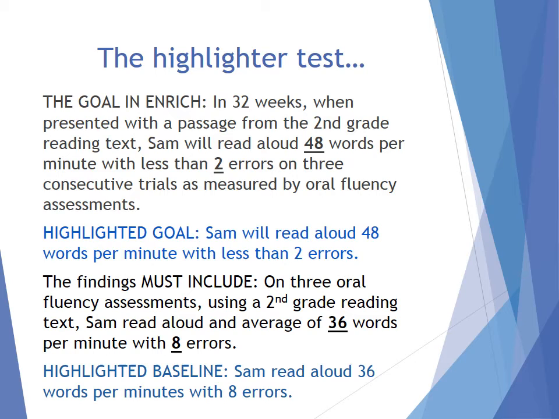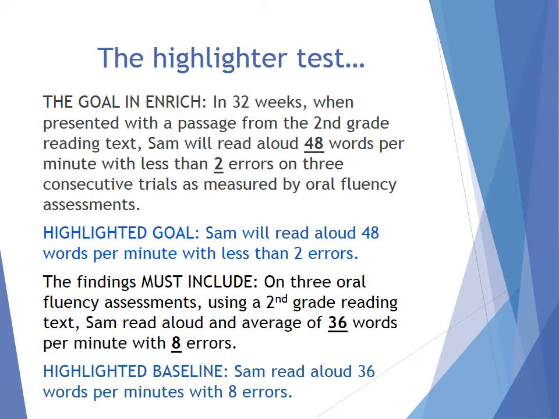The part of the goal that I would then highlight or focus on is the data that says Sam will read aloud 48 words per minute with less than 2 errors. That's the behavior we want to see, and that is the outcome where we want him to end. So in order to figure out where he is now, I need to do an oral fluency assessment.